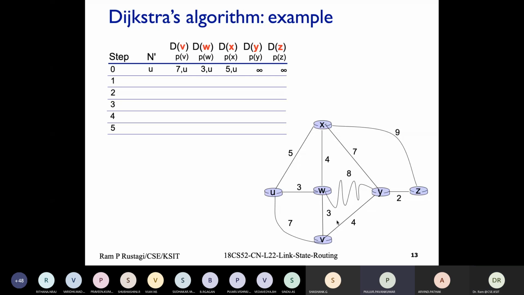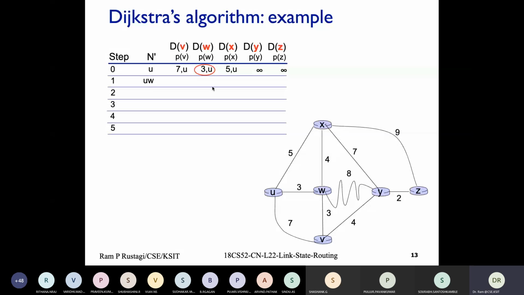W. Because if I look at the nodes, DW is 3, DV is 7, DX is 5, and the others are infinity. So I pick the node W and add the node W to my N prime.